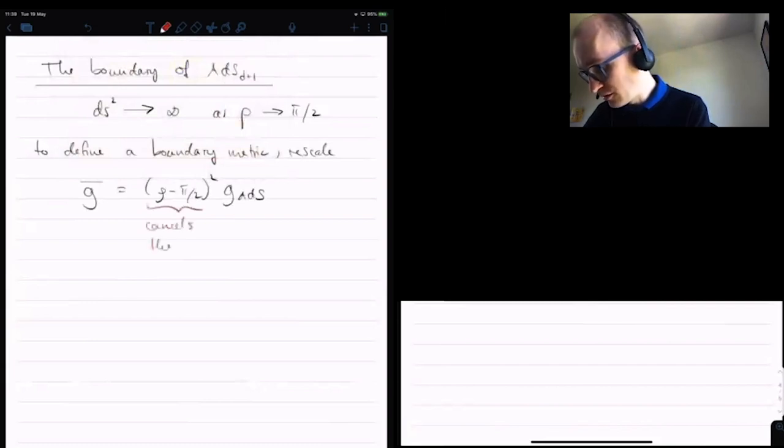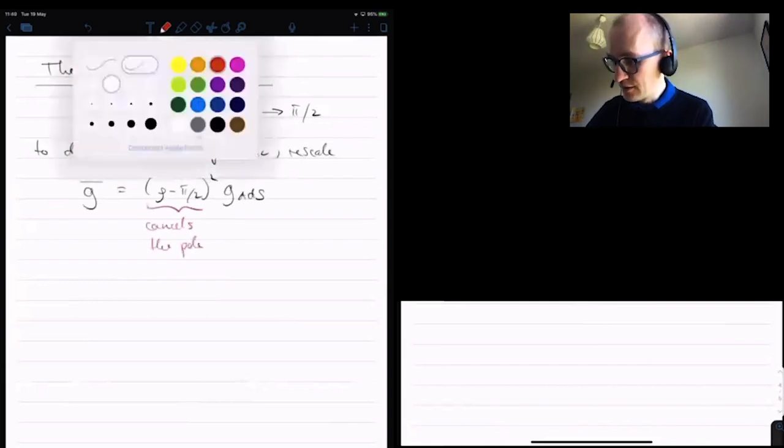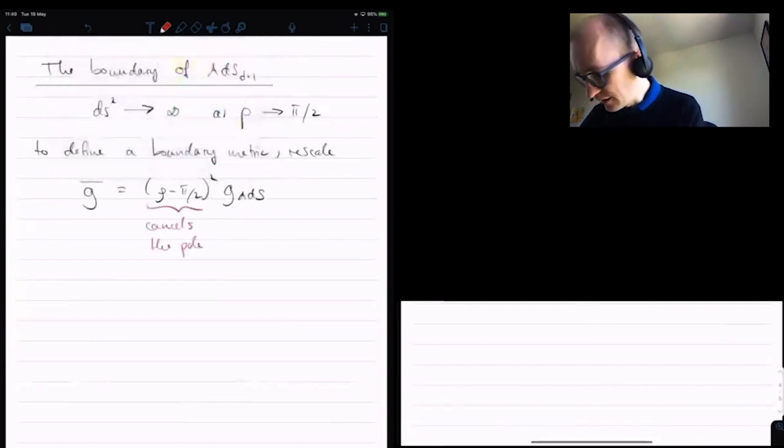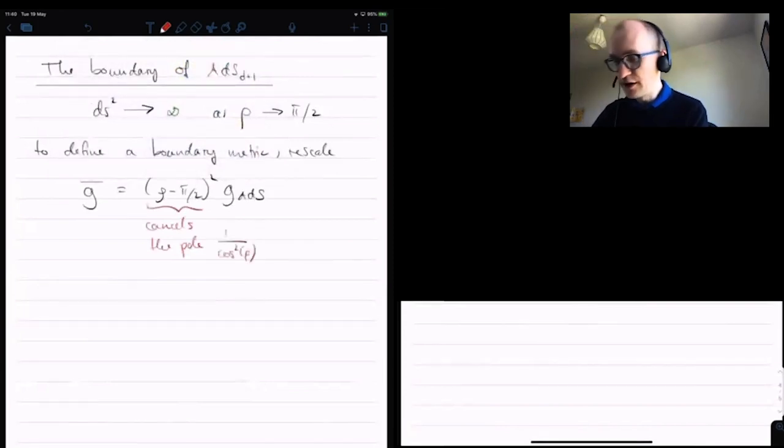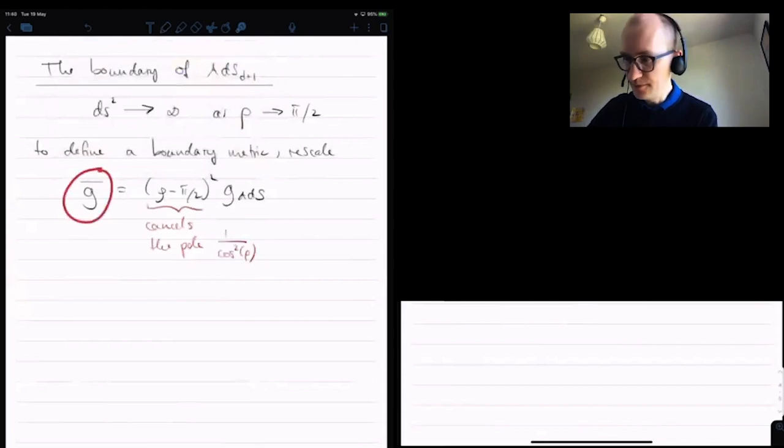There's a double pole here. You had, well, I can write it as 1 over cosine squared rho, which near pi over 2, cosine goes like rho minus pi over 2. So this has a double pole, rho minus pi over 2 all squared. So we've now defined this auxiliary thing G bar.